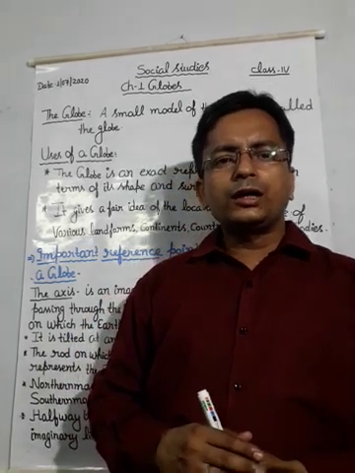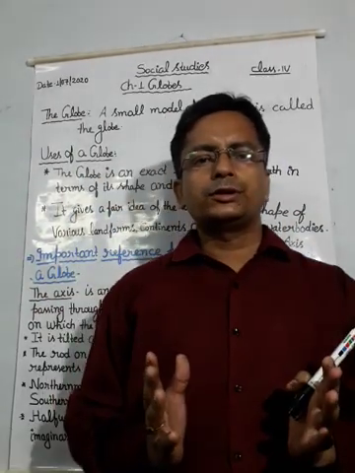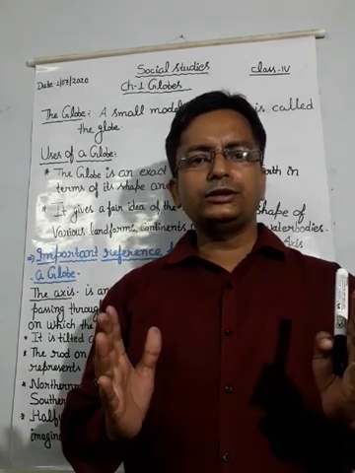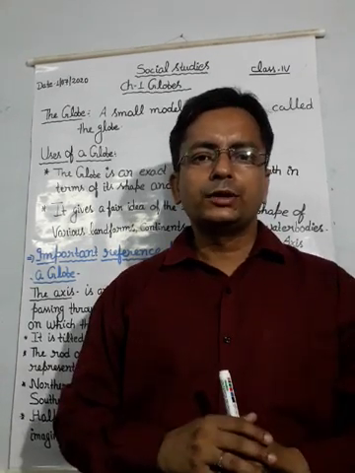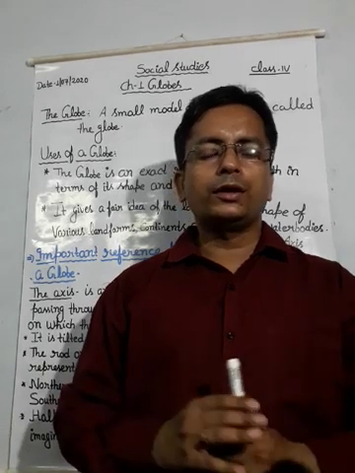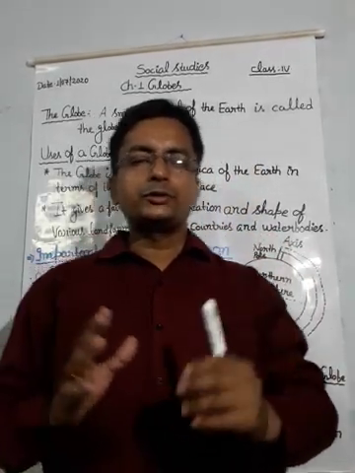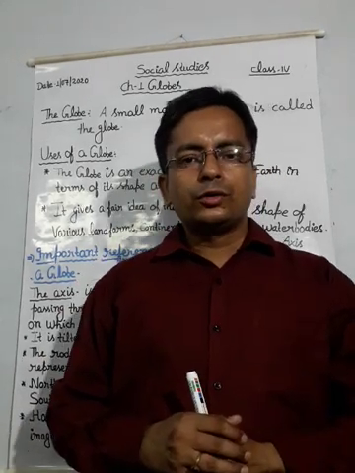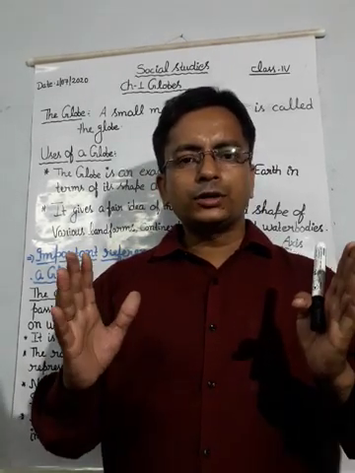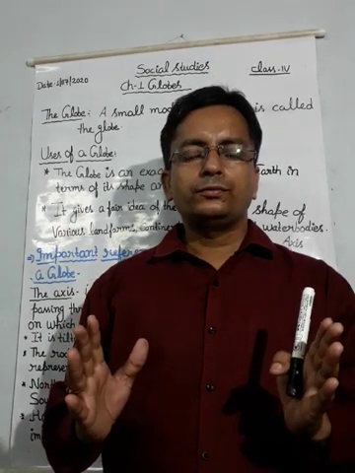So, my dear student, Earth is a big planet. It cannot be seen at one time, and the study of Earth is very difficult. Here, I can ask a question to you: what is the need of a globe?